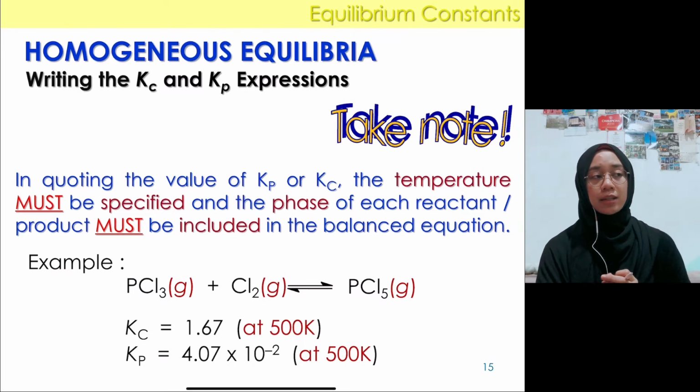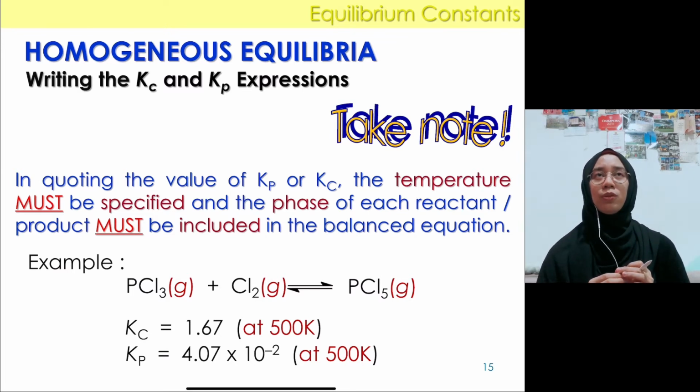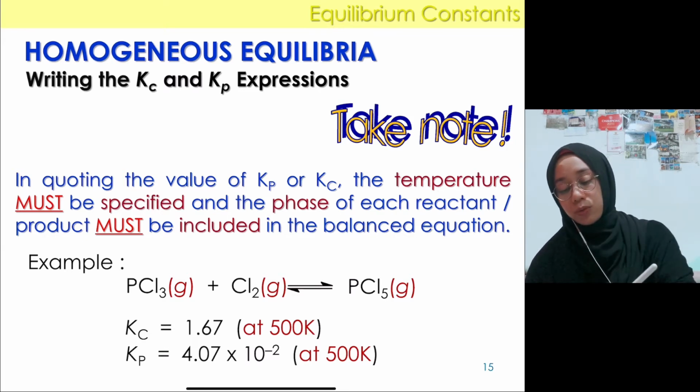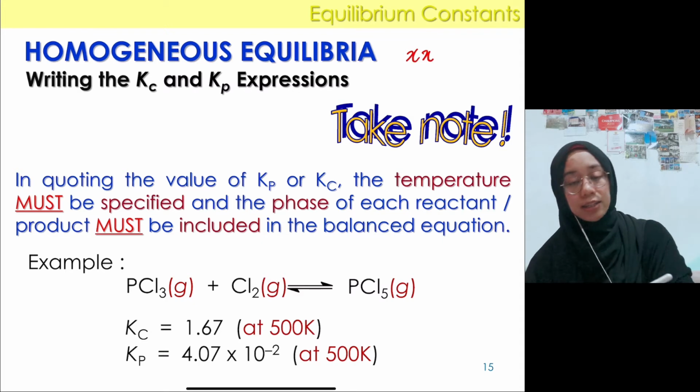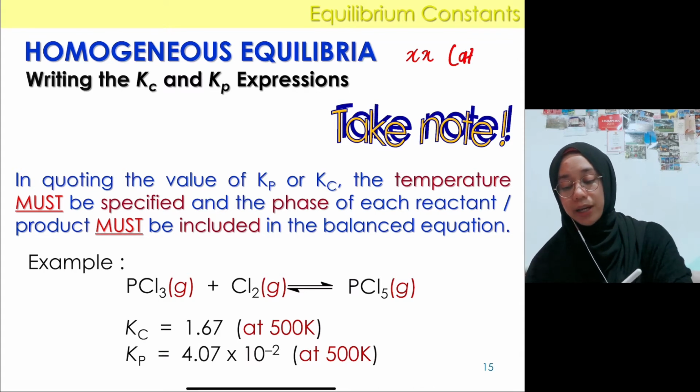So sebenarnya yang semalam, yang previous video yang kamu buat tu, supposedly jawapan yang try this 2.0 tu kan, kalau kamu tulis value untuk K tu, supposedly kena letak dia punya temperature, berapa pula yang dia bagi. Kalau dia ada bagilah. Okay, kalau dia ada bagi, kamu boleh tulis.